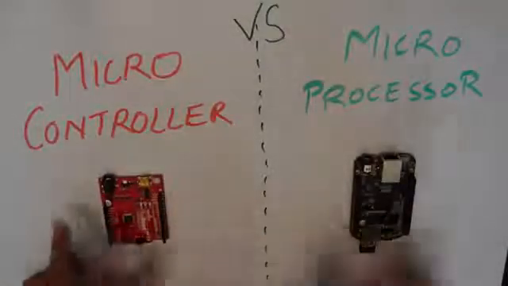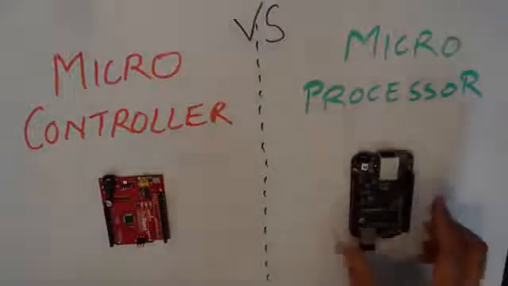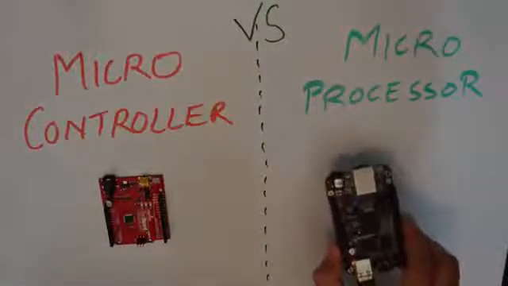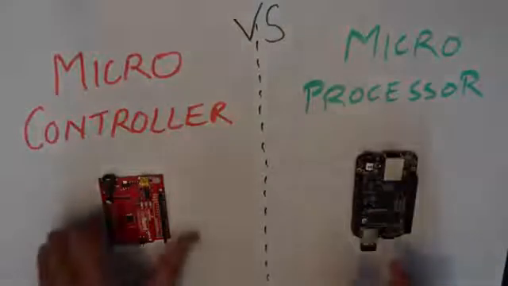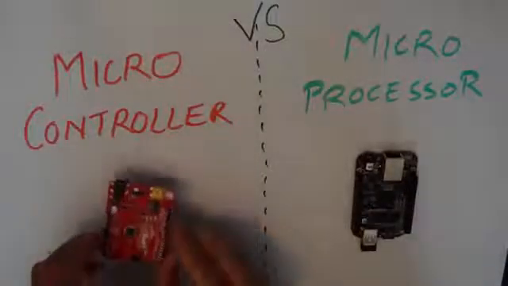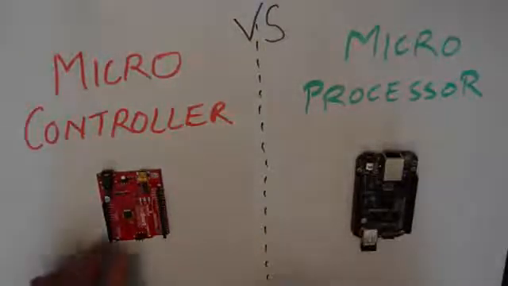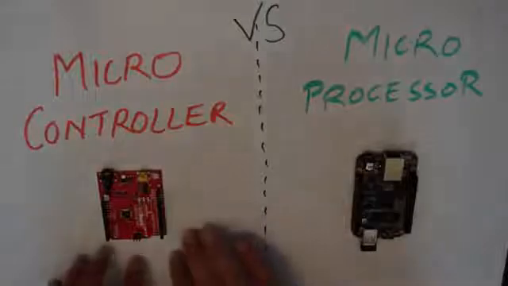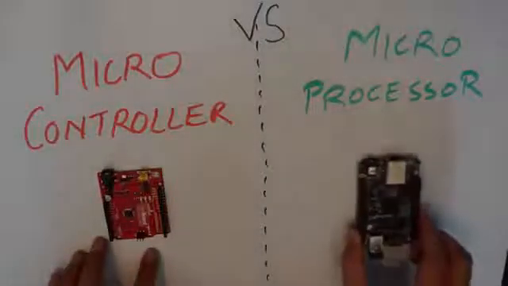So the very basic difference between a microprocessor versus a microcontroller is, from a software perspective, a microprocessor is going to be running an operating system. And a microcontroller chip usually will be what we call bare metal or bare bones, and it doesn't have a sophisticated operating system compared to what's running on the microprocessor.